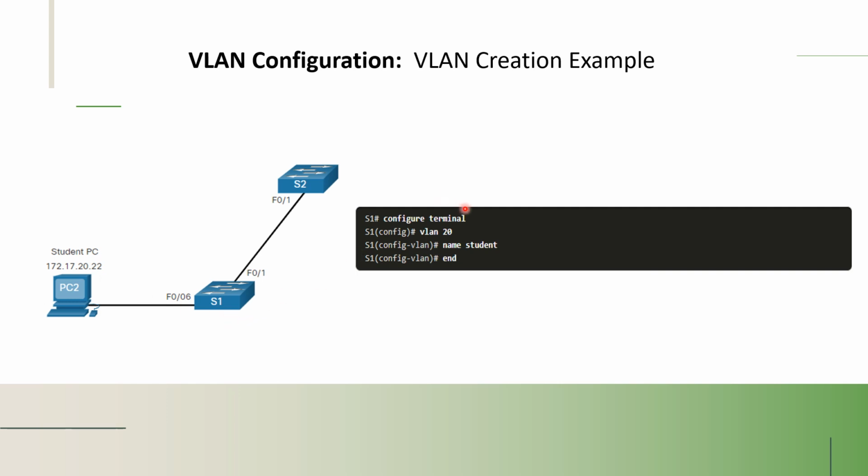First of all, you go into global configuration mode. You create VLAN 20 by using the command vlan followed by the ID 20. With this command you enter VLAN configuration mode, where you can name your VLAN with the command name followed by the name you want, and then with end you exit to privileged EXEC mode.